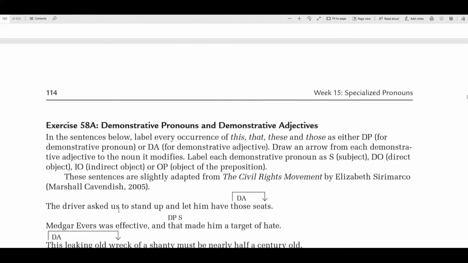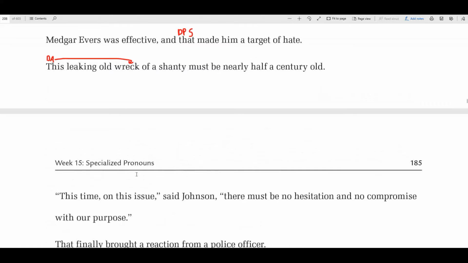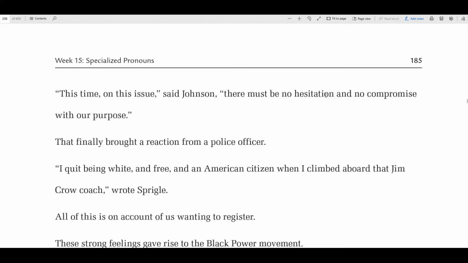"This time on this issue," said Johnson, "there must be no hesitation and no compromise with our purpose." Okay, so this time on this issue. Okay. This time, this is, would you like to guess?